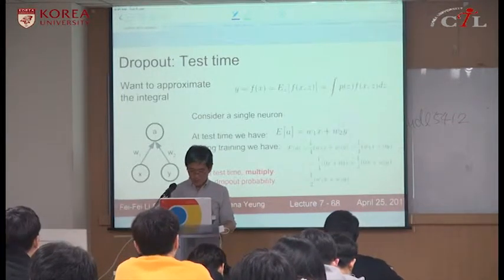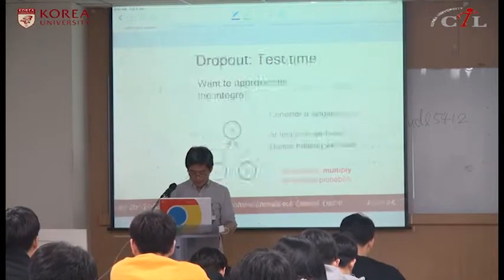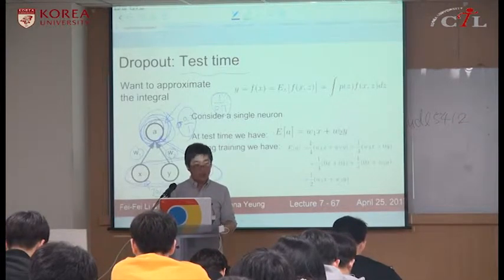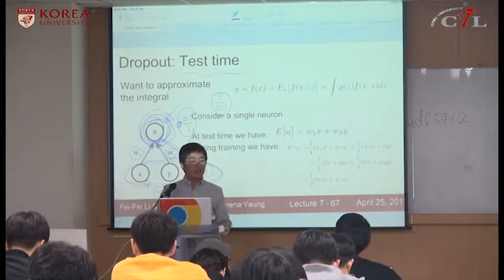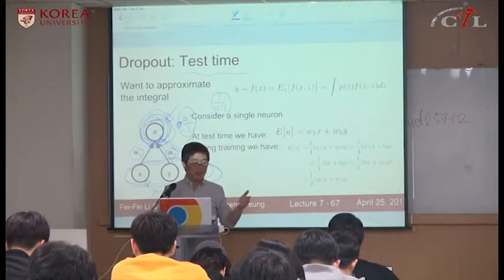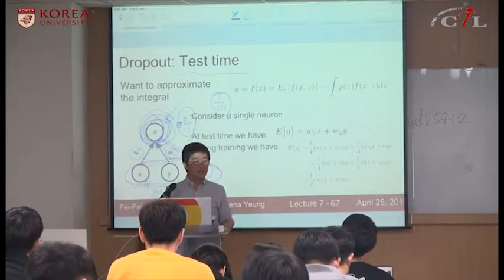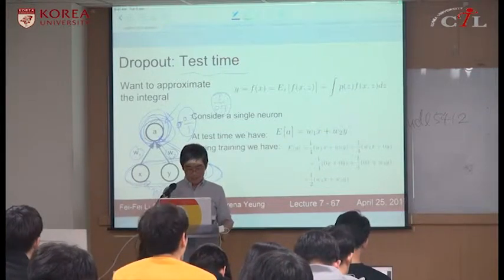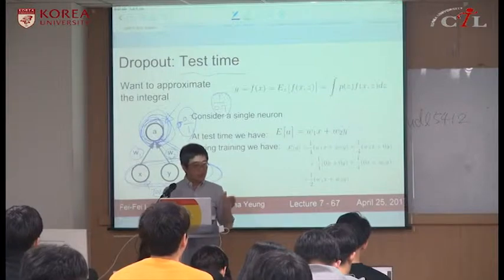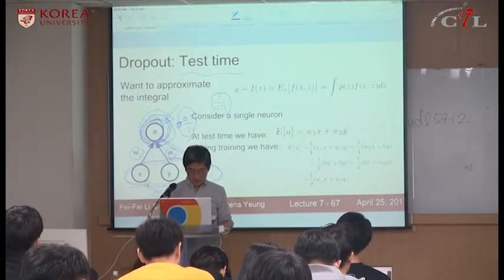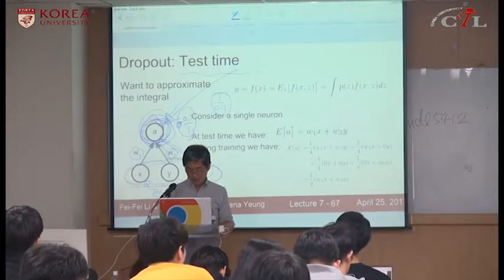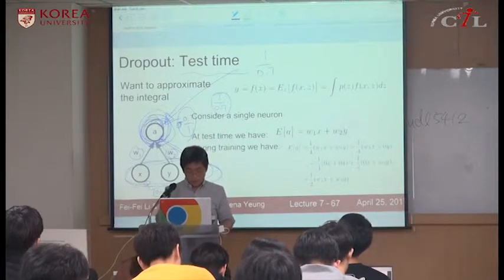And how? Suppose we apply dropout with 70% probability of keeping nodes alive. Given this output during our training time, we actually increase it by 1 over 0.7.